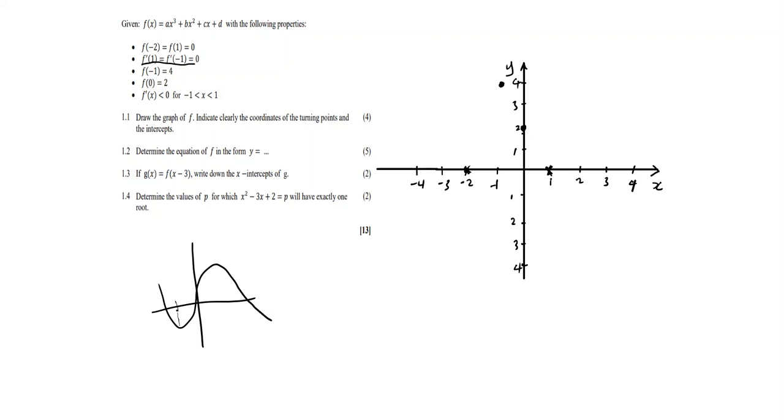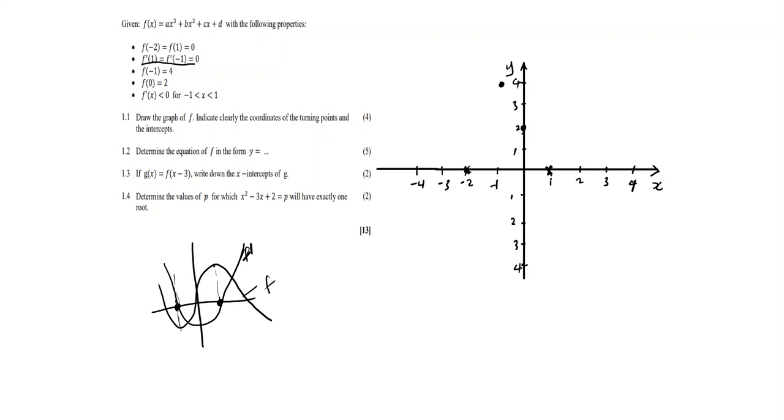Somewhere here, we will have the x-intercept for the quadratic function. Along this point here, we'll have the x-intercept of the quadratic function. So our graph will be like this. This is f prime. This one is f.